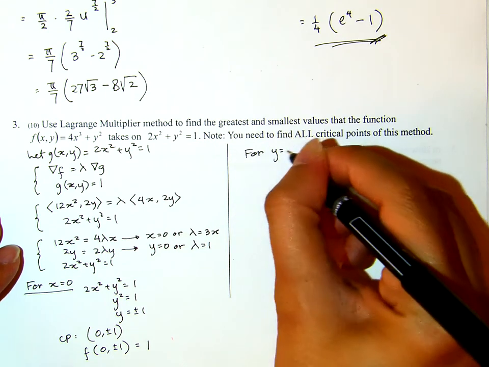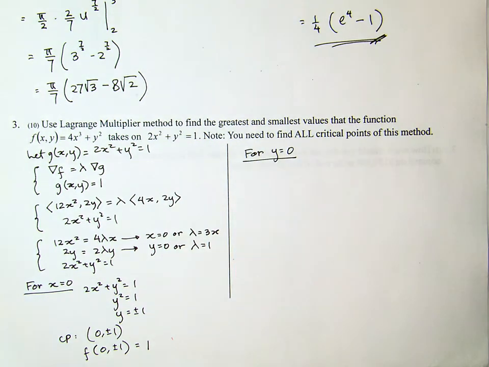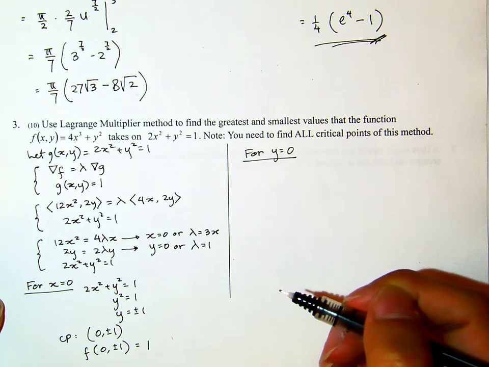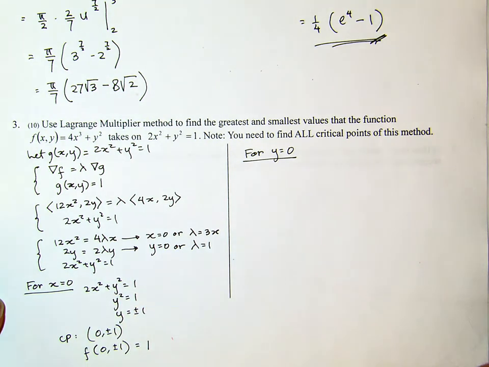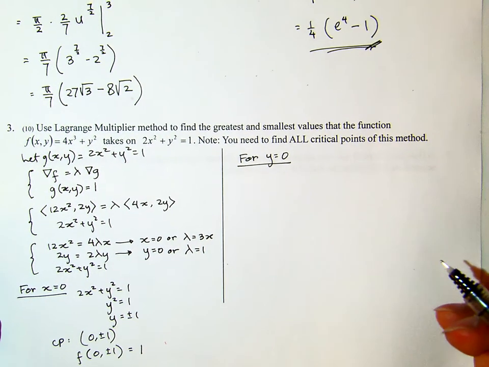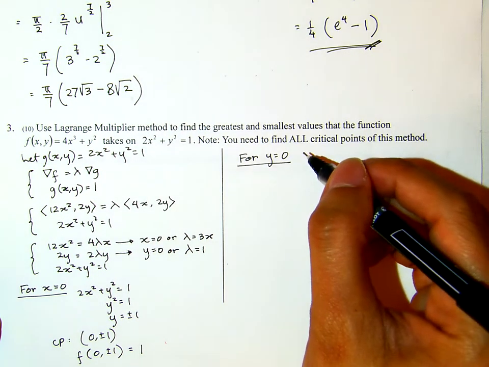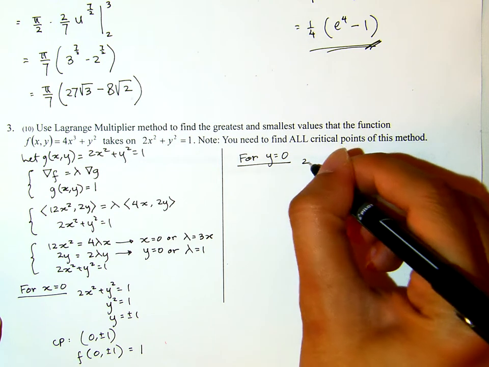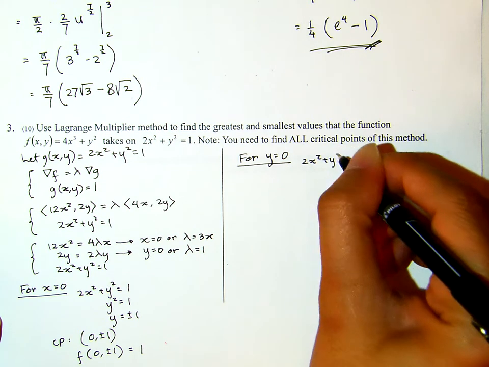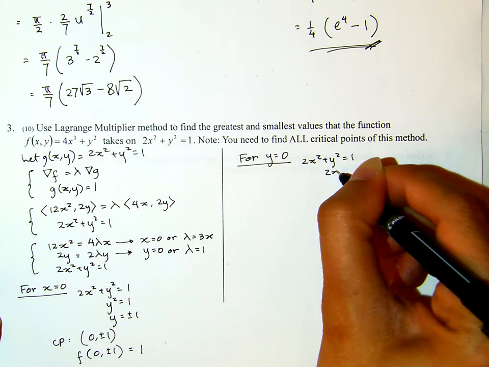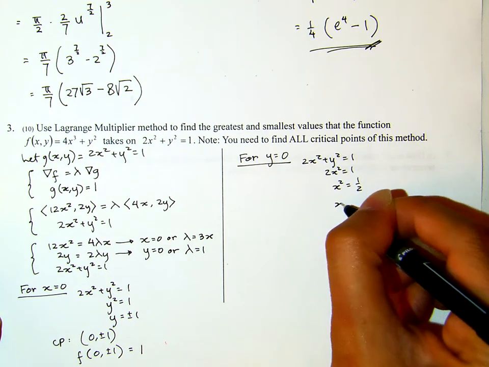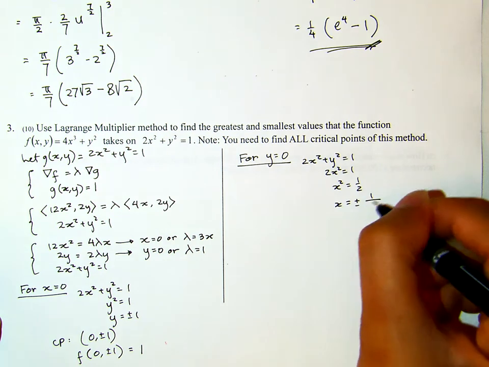For y equals 0, of course, x cannot be 0 because of the third requirement. So I will put it into 2x squared plus y squared equals 1: 2x squared equals 1, x squared equals 1/2, and x equals plus or minus 1 over square root of 2.